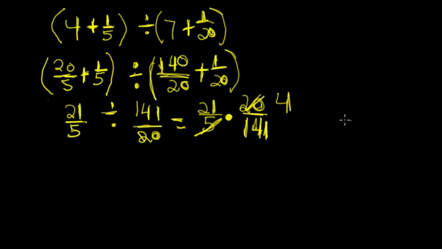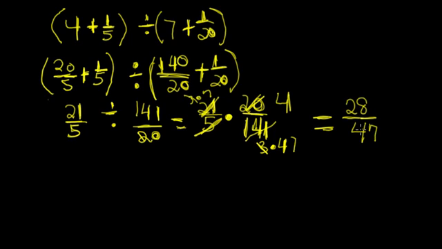Yes, so 3 does go into 141. Of course, your calculator can help you. I got it kind of hiding in the background here, a calculator. But we know 3 times 7 and 3 times 47. Again, when you're looking for these numbers, just use your calculator. The 3's will cancel. And we get 7 times 4 is 28, and a 47 left down below.